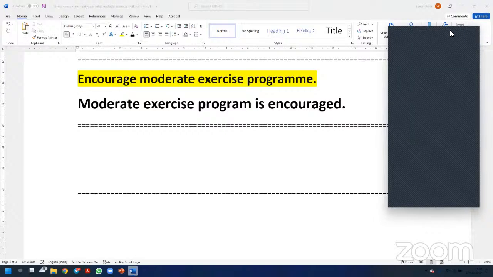Whichever is important, you can write, because you are writing to a community nurse.